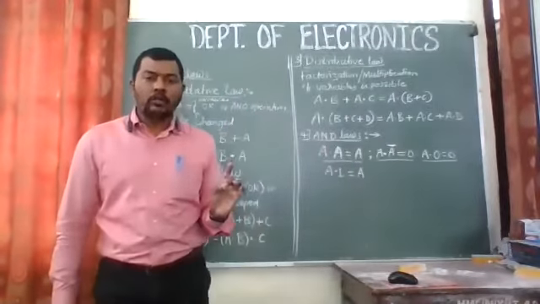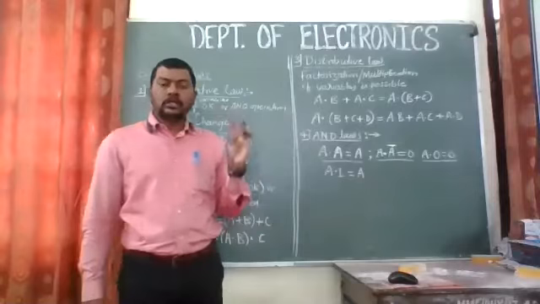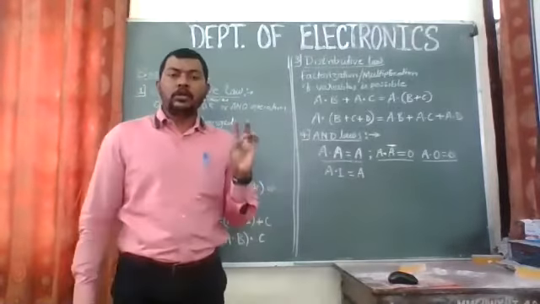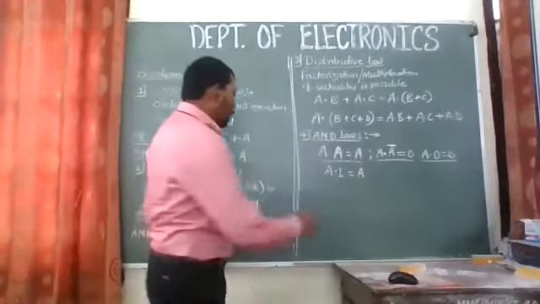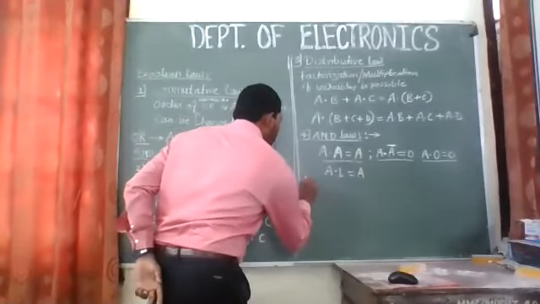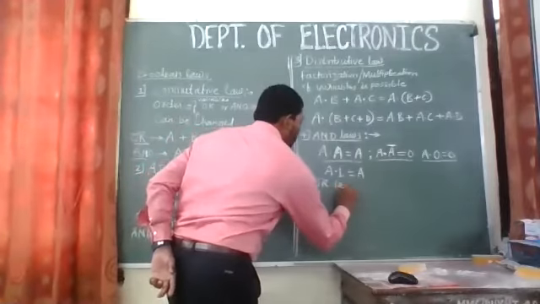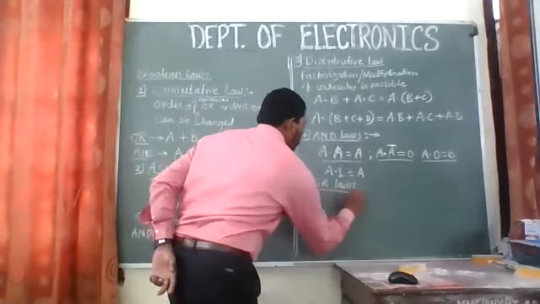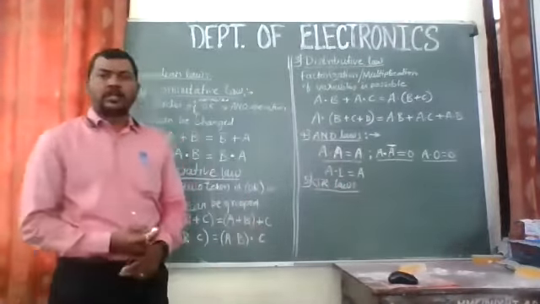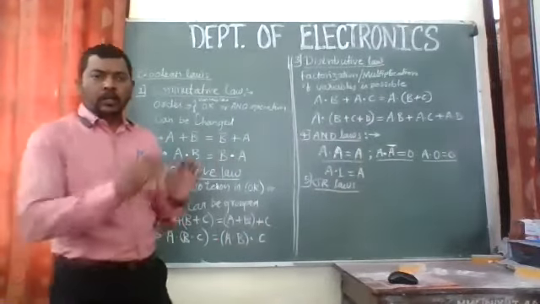So A dot A is A, A dot A complement is 0, A dot 0 is 0, and A dot 1 is equal to A. Now the next one is the OR operation. These are the OR laws, the same as we have written the AND laws.